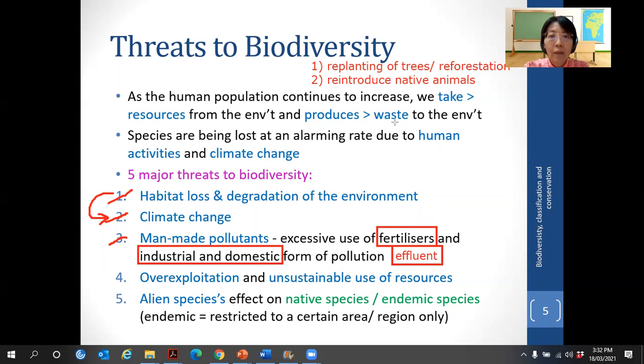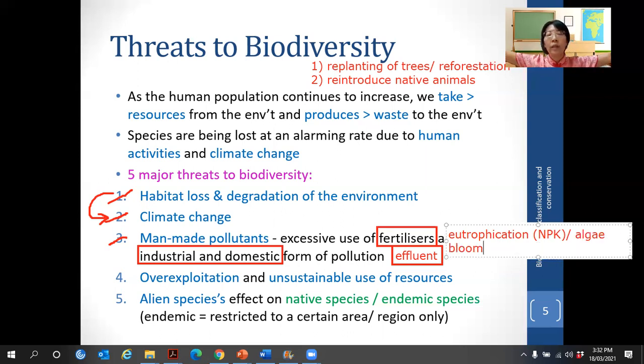So what is the effect of the fertilizer? Remember, the fertilizer will lead to eutrophication. Eutrophication is suddenly there's a lot of nutrients, NPK. Usually fertilizer supplies NPK. So eutrophication is suddenly too much NPK, and therefore it leads to algae bloom, right?